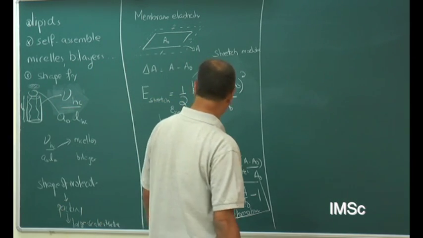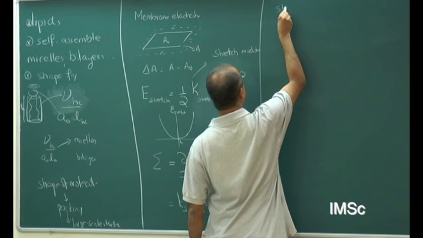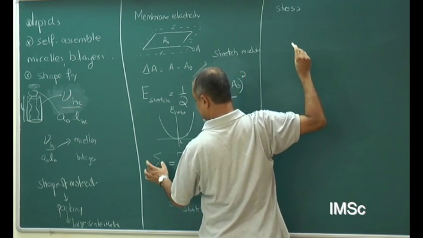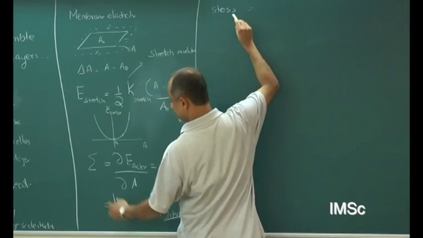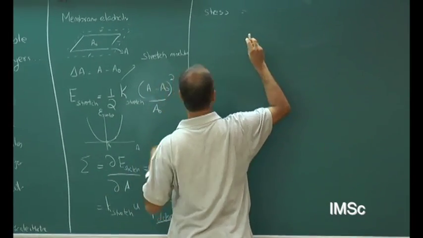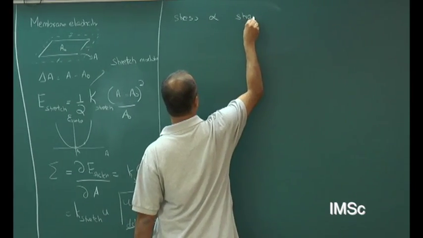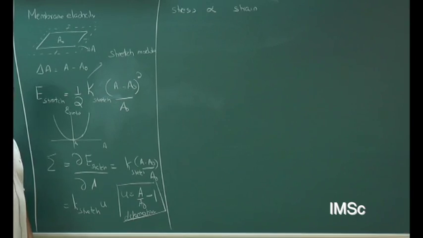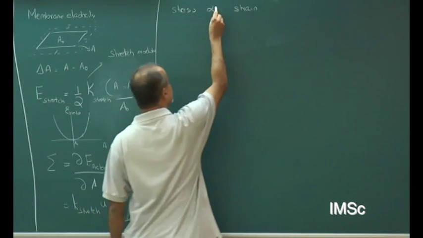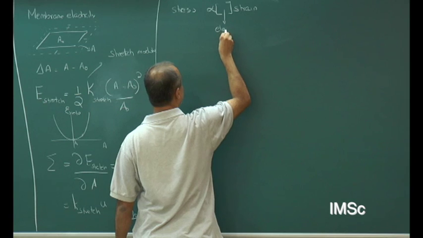This is really saying nothing much except that the stress, which is the force per unit length, which is the energy per unit area, is proportional to the strain, which is the U term here. And what comes inside here is an elastic constant. We will come back to this particular definition.